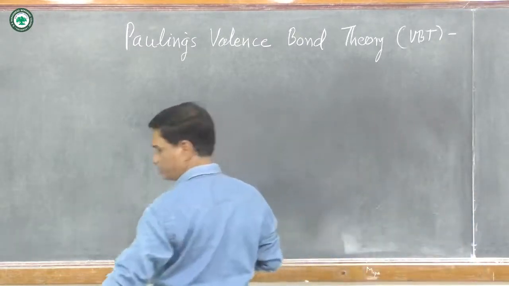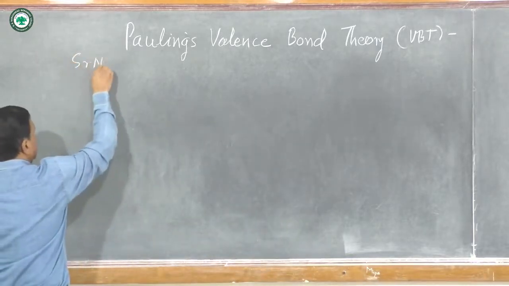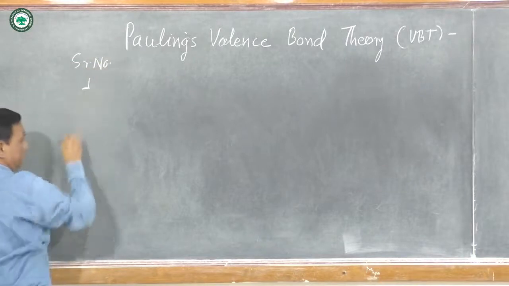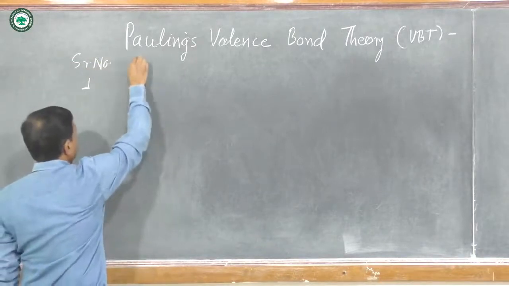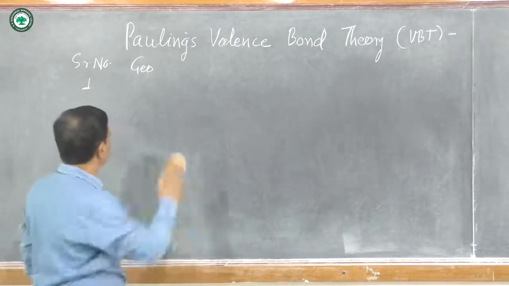Then the first column is the serial number, suppose 1, then the hybridization is represented here.